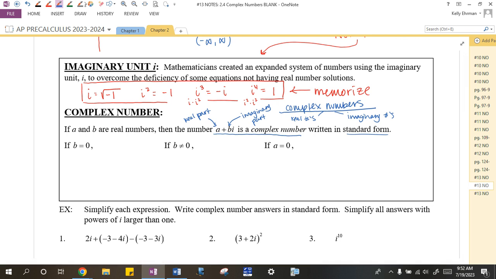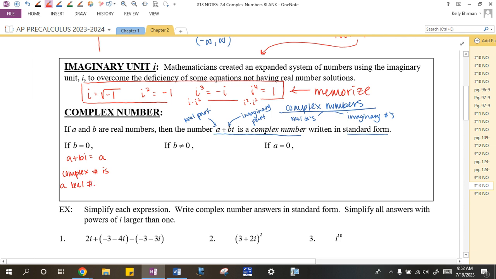If b is equal to 0, then the expression a plus bi just becomes a, so the complex number is actually a real number.